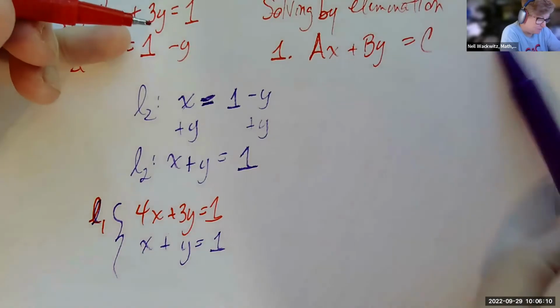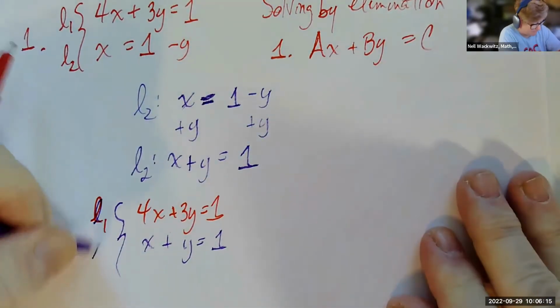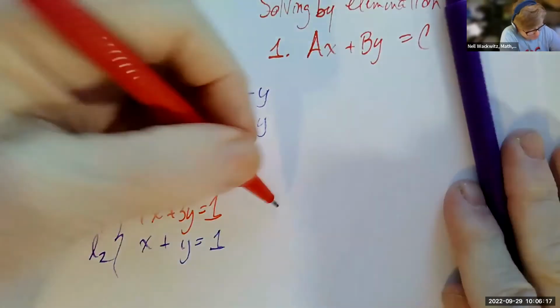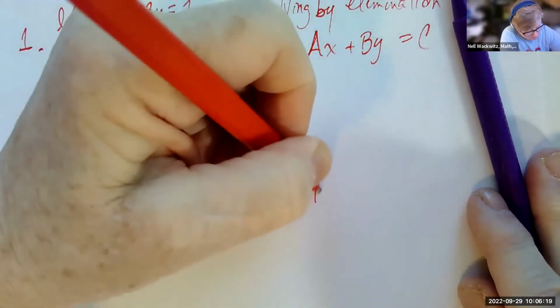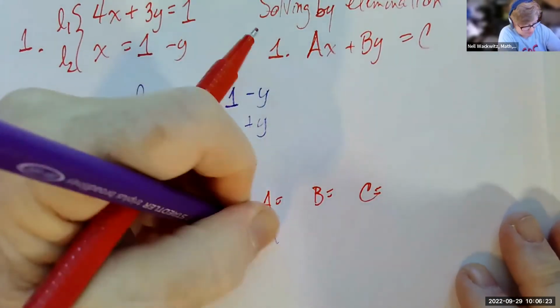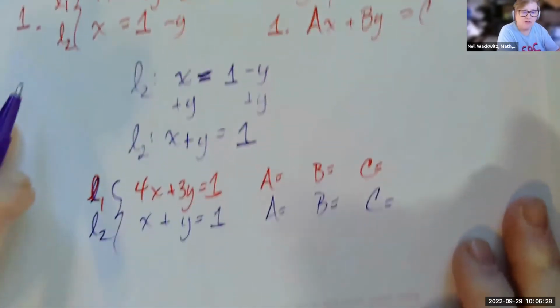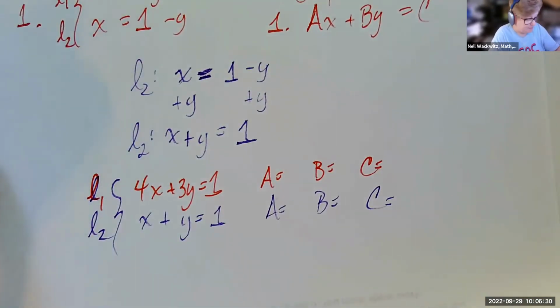And let's write down what A, B, and C are for both of these lines. So for line 1, what is A?